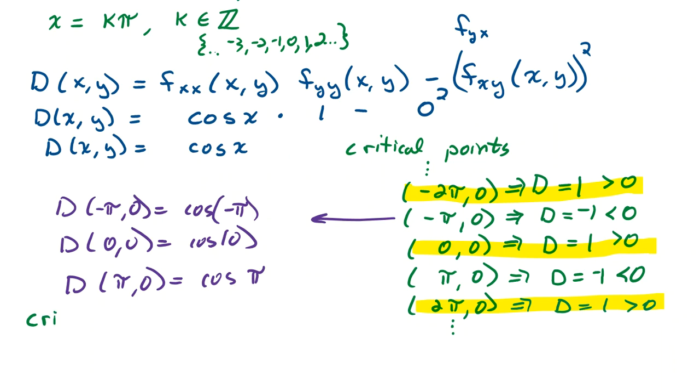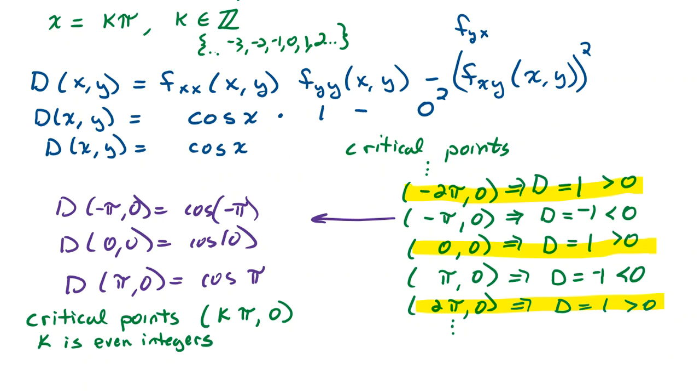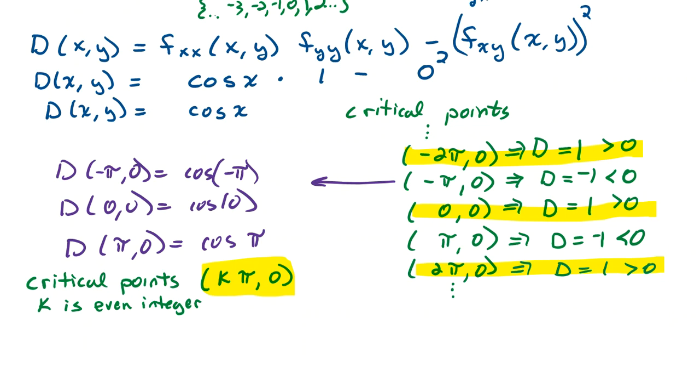So let's consider critical points in the form k pi, 0, where k is an even integer. That's all of these yellow ones.